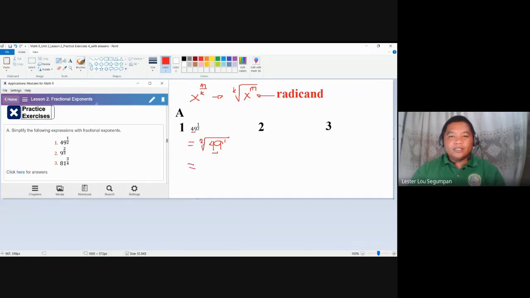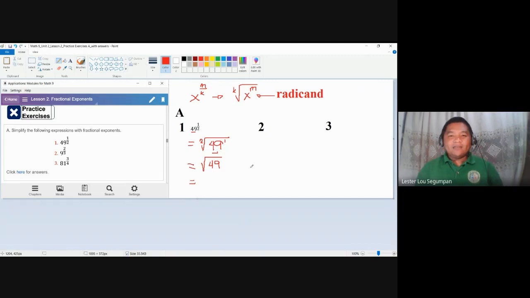Further, any number raised to the power of 1 is the number itself. And then 2 here means square root. There is a concept that if it's a square root, it's okay not to place any index, because it's already understood to be a square root. As for this, we have the square root of 49.